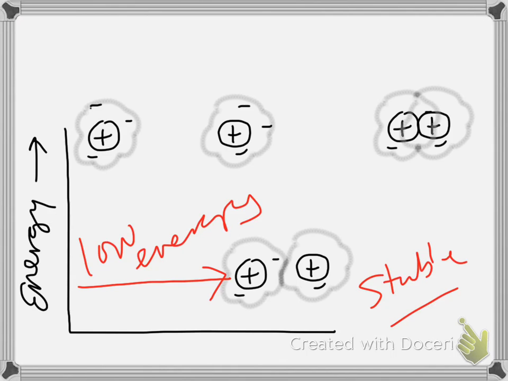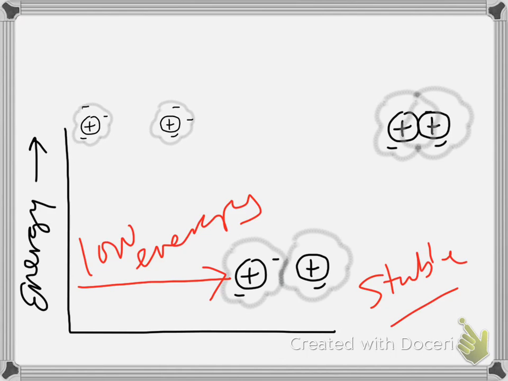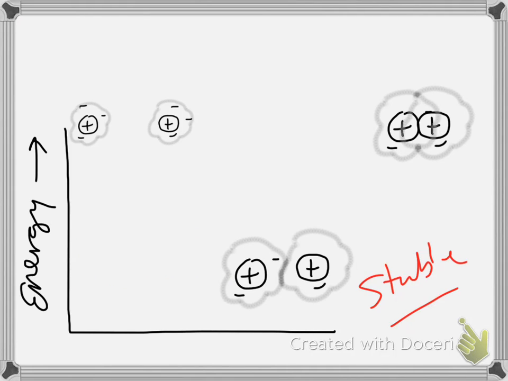So when we're thinking about this amount of energy, and I'm going to shrink these guys down. I'm going to sort of make this into a bar graph. I'm going to cheat a little bit. This is very high energy.